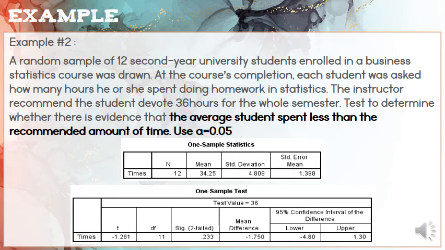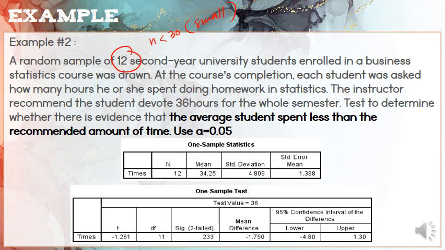Example number 2. So, a random sample of 12 second year university student and less than 30, small sample, enrolled in a business statistics course was drawn. At the course completion, each student was asked how many hours he or she spent doing homework in statistics.